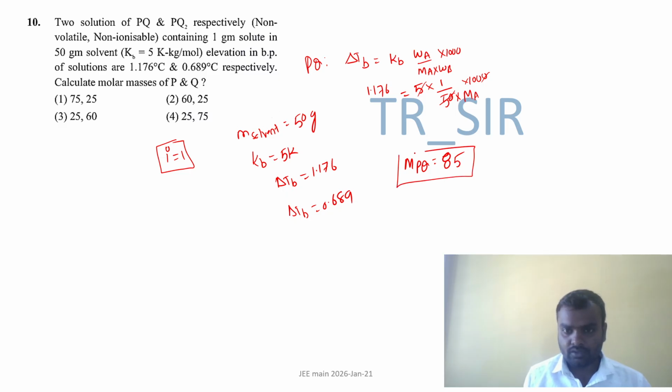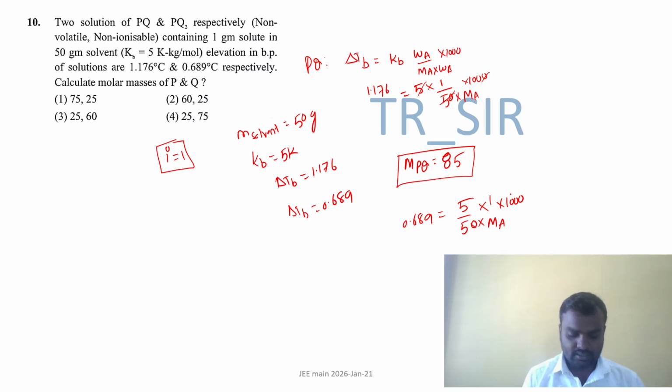Now same like this, if you do the molecular weight of PQ2, how much will come? Here same relation: 0.689 is equal to 5 by 50 into molecular mass of solute into 1 into 1000.